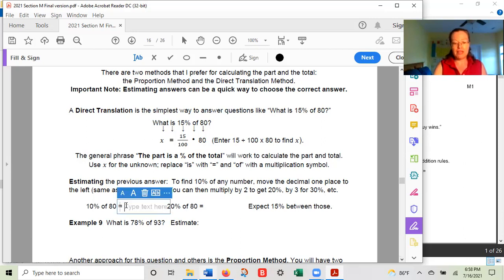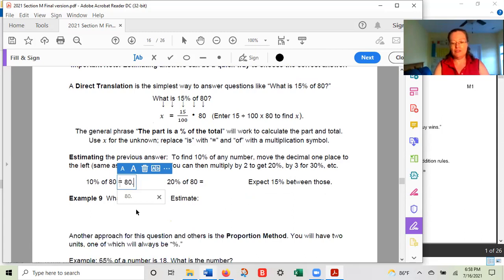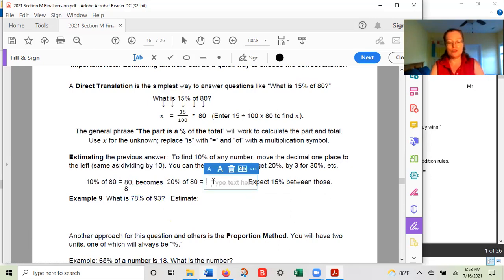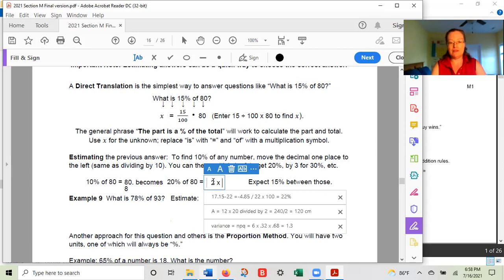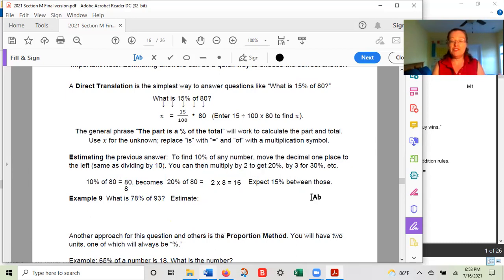So what's 10% of 80? It's going to be 8. Because there's a decimal point, right? So 80 with a decimal divided by 10, or we move the decimal over, becomes 8. 20% of 80 is going to be the same as 2 times 8, so it's going to be 16. 15% is going to be between 8 and 16.